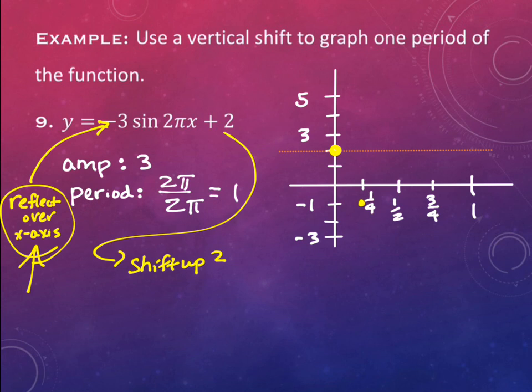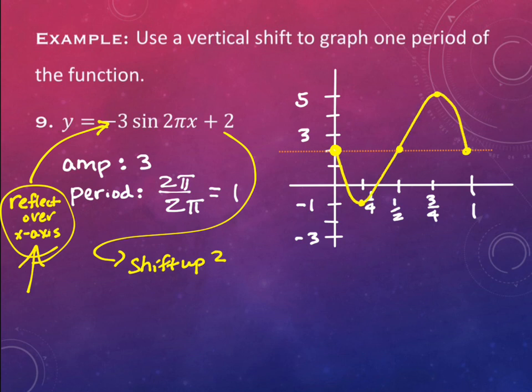That's down 3 from the center line. Then it's going to go back up to the center line. Then it's going to go up 3 to 5 there, right? And then back down 3. Get that a little bit more centered there. And then back down 3, which is back down to the dotted orange line. So my graph's going to look like this.